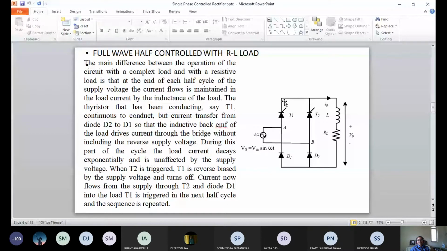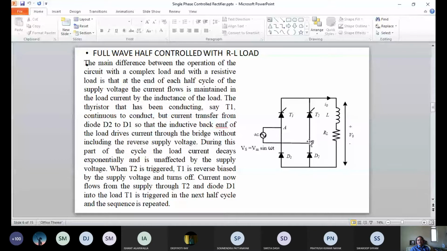If the voltage drop in T1 and T2 is assumed to be 0, the voltage across the load is 0. Between these 2 points, if you connect a CRO, you will get 0. At pi plus alpha, when it triggers T2, current will transfer from T1 to T2. So here T2, L, RL, D1, back to source.